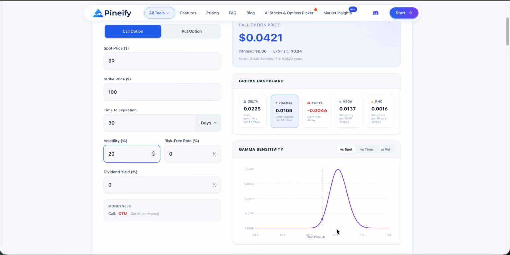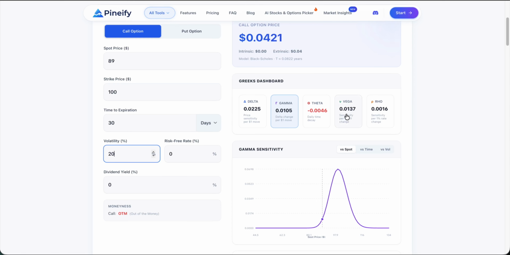At the wings, it's very much non-existent, but it's very high at the peak, at the money. But then as the volatility rises to 50% or to 100%, you saw that it barely moves across the four levels at the money, or close to the money.